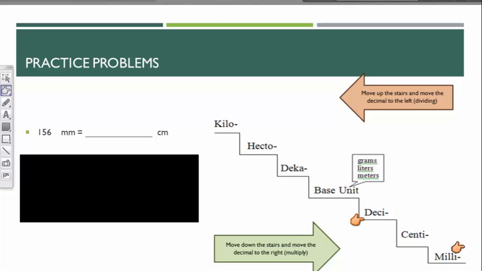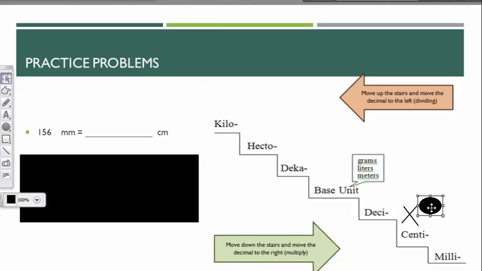So I want to go from here on the stair step to here. So what I'm going to do is put an X on the stair step that I'm going to stop at, and I'm going to put a circle where I'm starting. So here we go. If I take my circle, I start on milli right here. And according to my problem, I want to see how many centimeters that is.